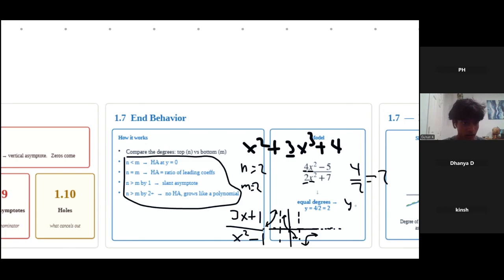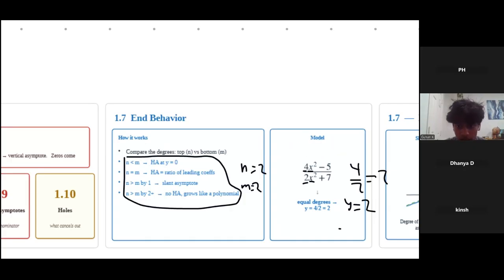Let me erase this other stuff. So there's our line at y equals 2.